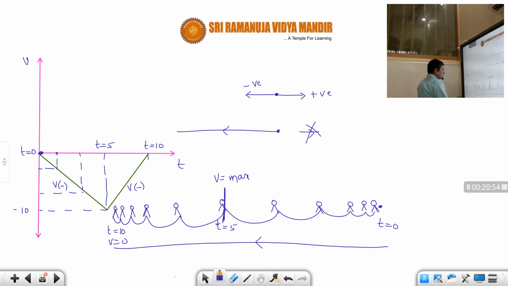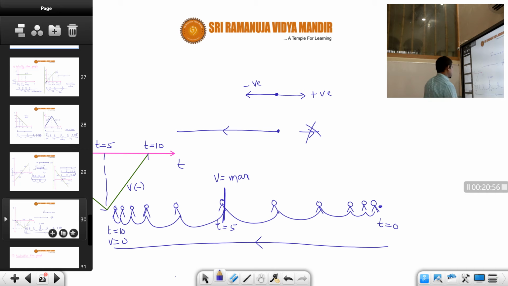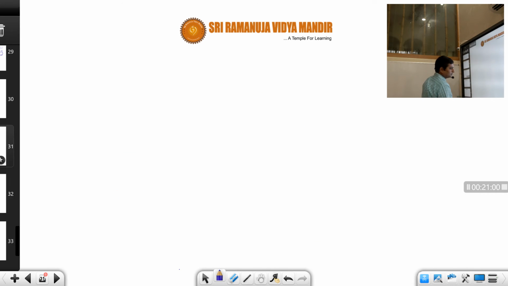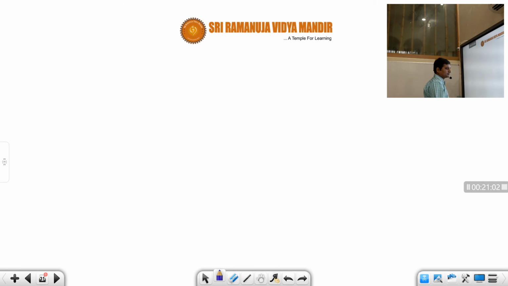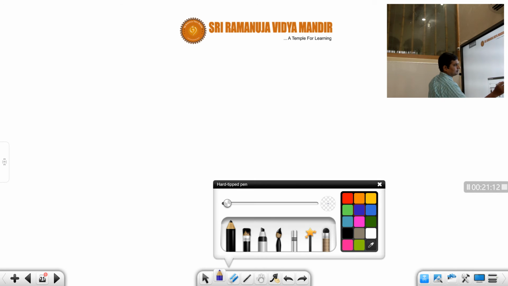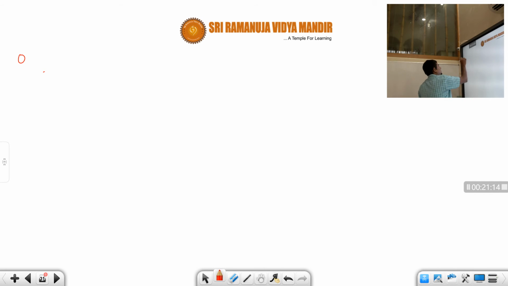Okay, so now having understood VT graph, students, and of course we already studied XT graph, let us take one problem connecting both. That means both XT graph and VT graph. Let us see one question, students, where the question is: mark where the body takes U-turn.